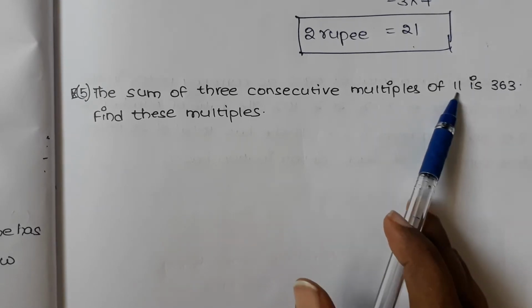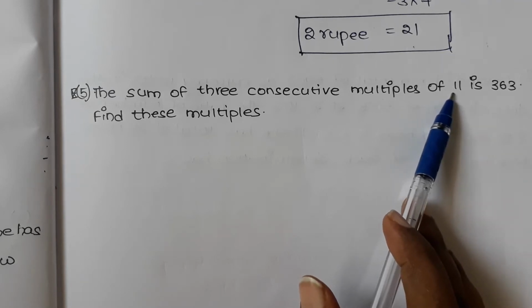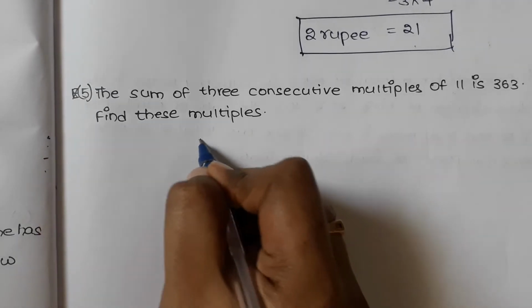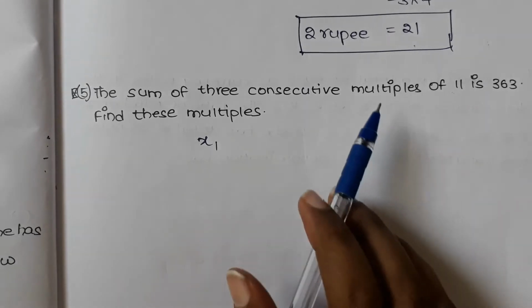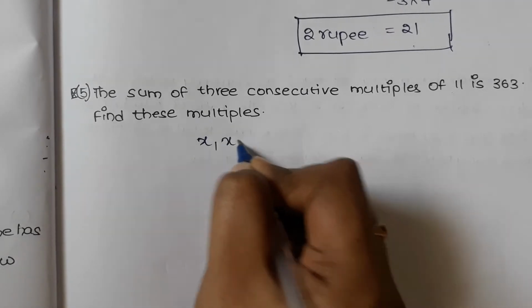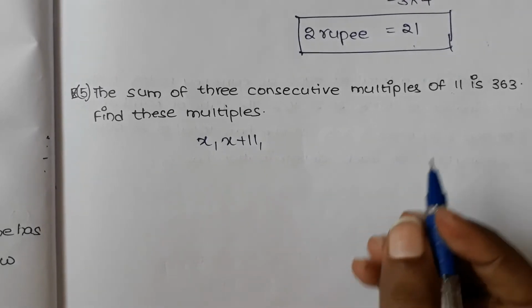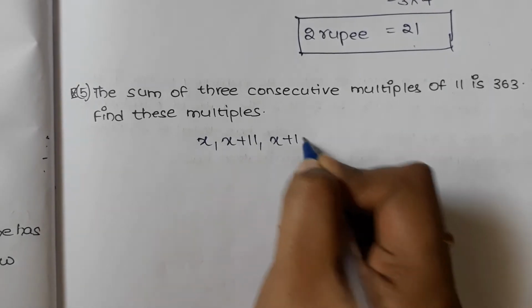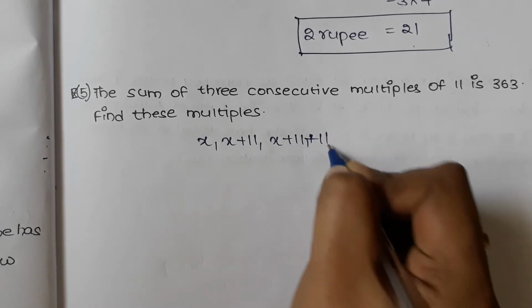First let us assume that x is the first multiple of 11, and the next consecutive multiple is x plus 11, and the third one is x plus 11 plus 11.